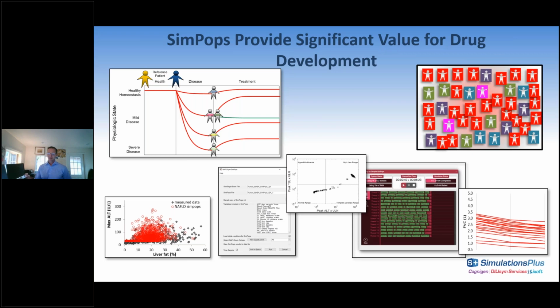And hence, as we're simulating the response to a treatment, as we would with QSP modeling, we need to as well incorporate that diversity of responses. Same on the quantitative systems toxicology side. We need to be able to predict, in particular on that side, the rare instances of toxicology that are very important considerations in drug development.